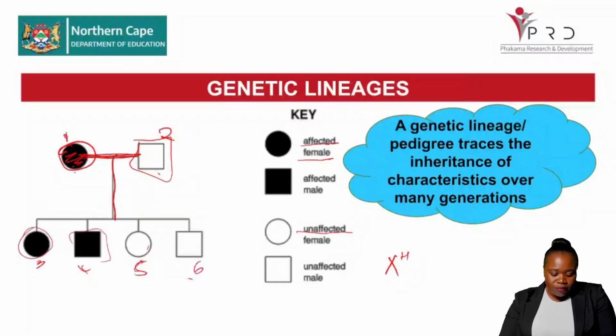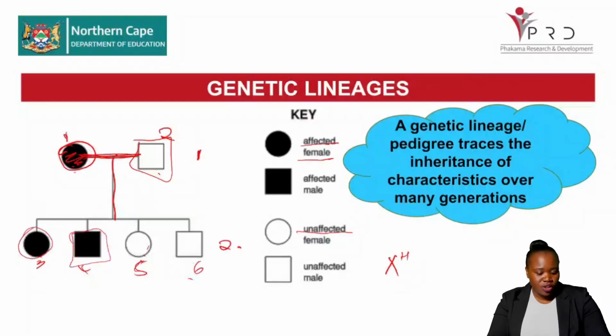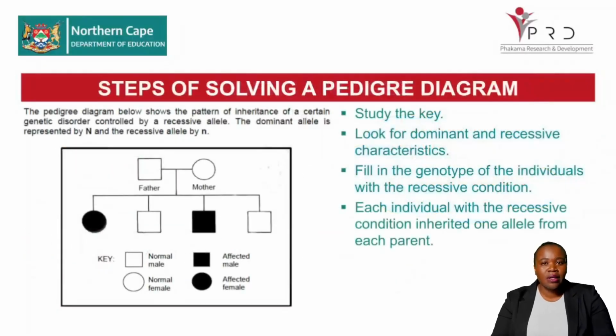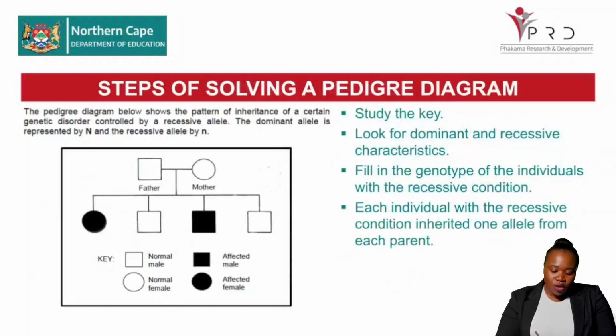Two individuals in this family are affected, 2 are unaffected. 2 are females and 2 are males. This is the first generation and this is the second generation. So if they are asking in which generation is the affected individual, you would say in the second generation. How many individuals in the second generation are affected? 2 individuals.